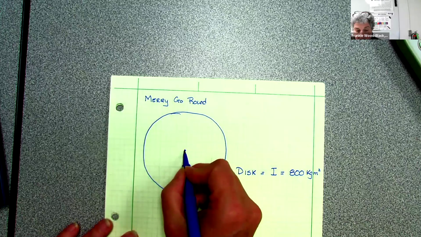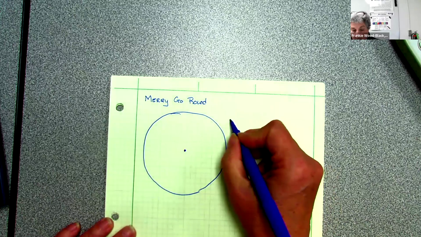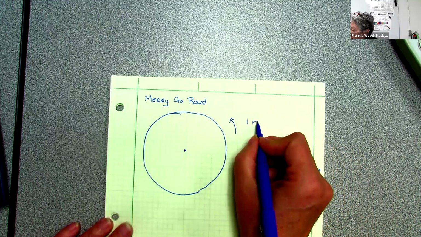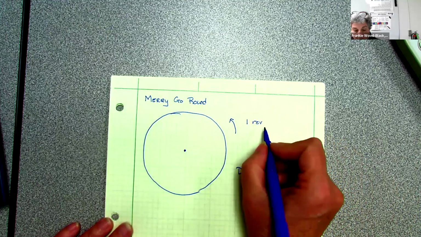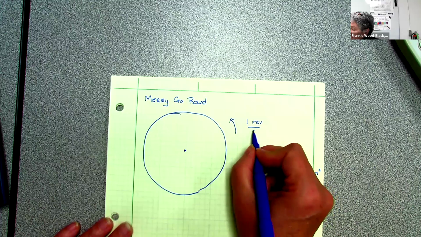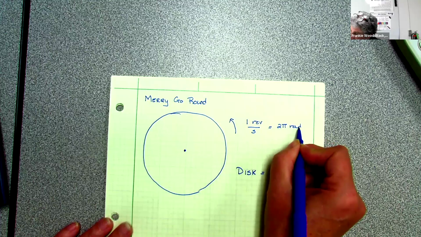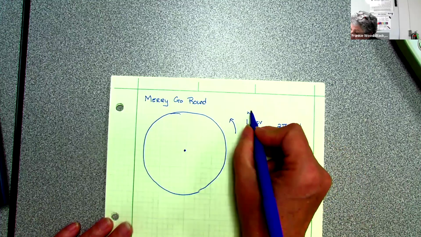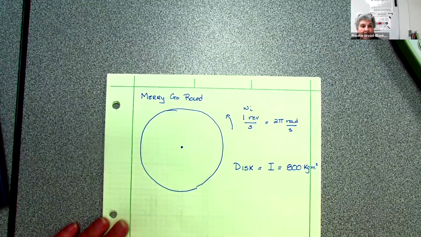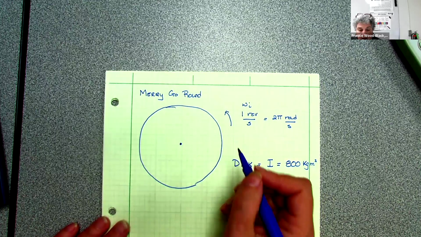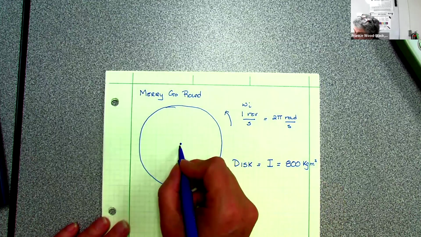We're going to be rotating this at 1 revolution per second, so that's going to be 2 pi radians per second. That's going to be our initial rotation. And this is why we call it a merry-go-round.